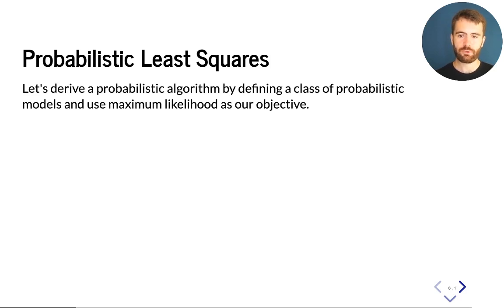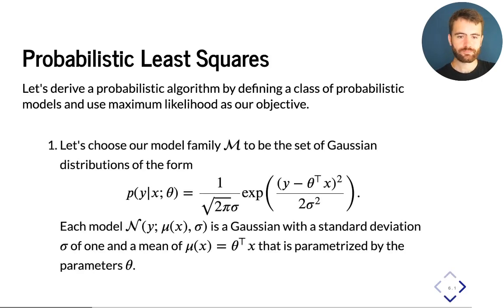Together, these three elements define a supervised learning algorithm, and also a probabilistic supervised learning algorithm if our model is probabilistic. So let me propose here a particular model class, objective, and optimizer, and let's look at the algorithm that comes out of that.